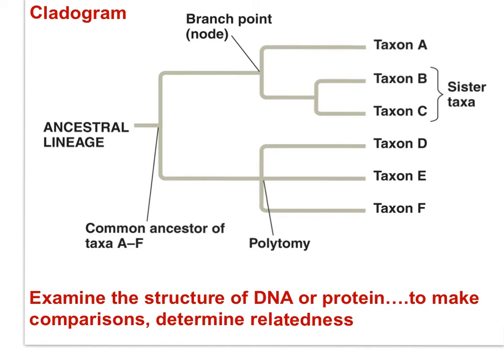To construct a cladogram, as you can see here, one would use DNA base sequence or amino acid sequence data. The timeline runs along the x-axis from past to present. The more differences in the base sequences of two species, A and F by way of example, the further back in time the common ancestor.